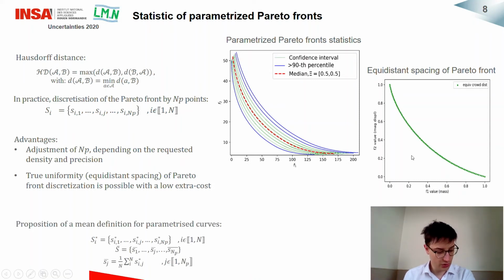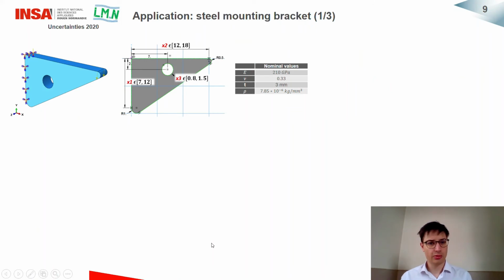So if every Pareto is defined as a set of points, then we can say that the mean Pareto consists of the same number of points, where every point is the mean midpoint of every point.